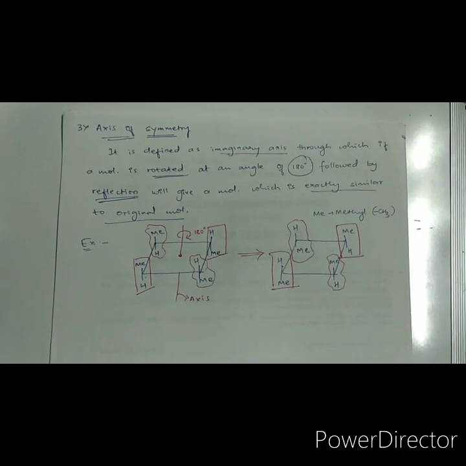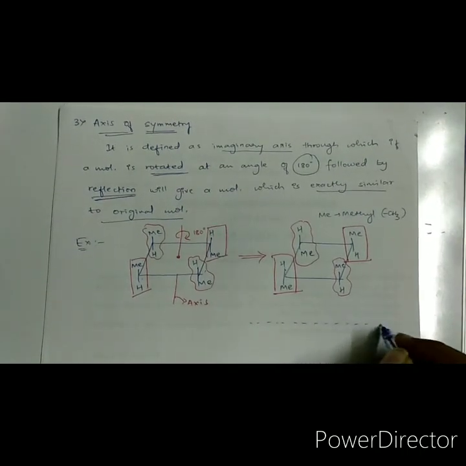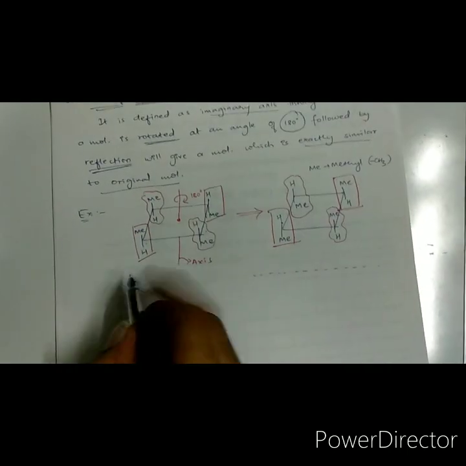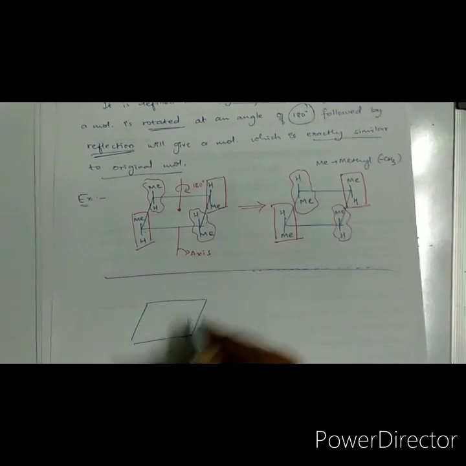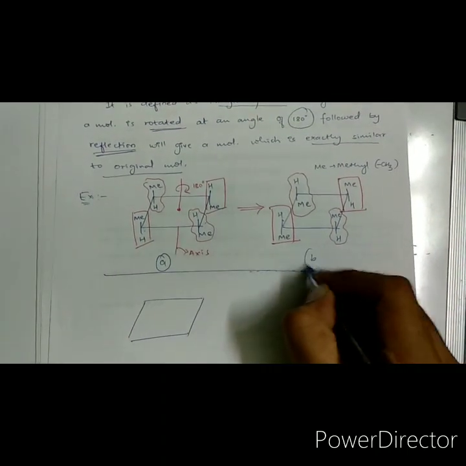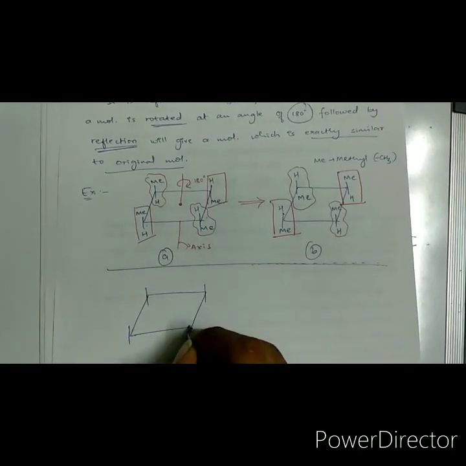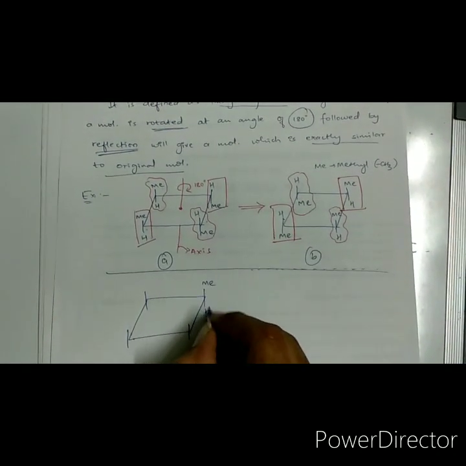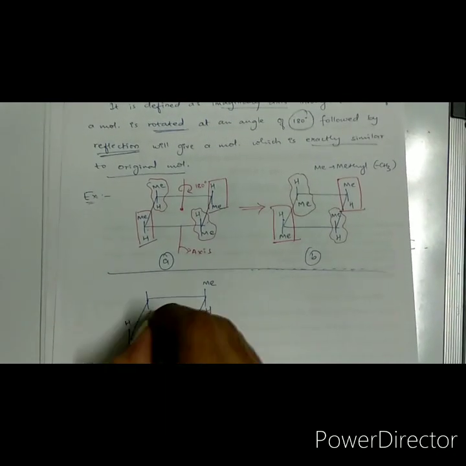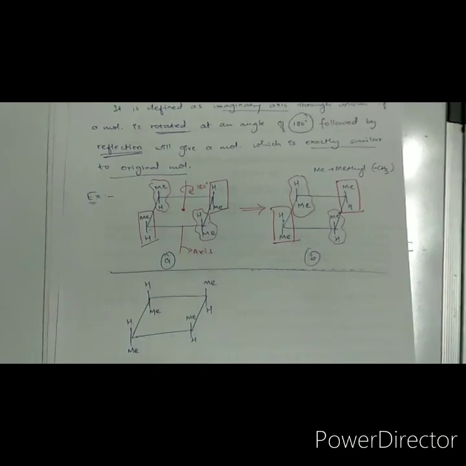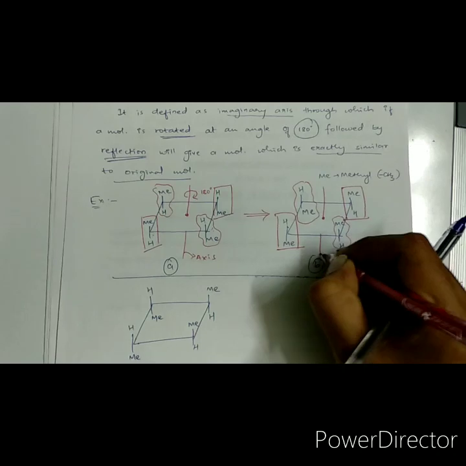So now if we plot its mirror image, so this is A and this is B. So now if we take the B molecule, this is methyl, hydrogen, methyl, hydrogen, hydrogen, methyl, and hydrogen and methyl. Again, same axis.